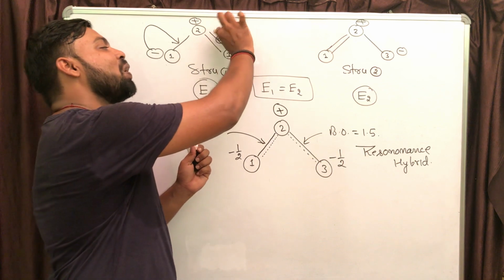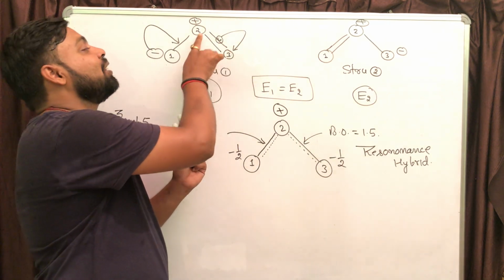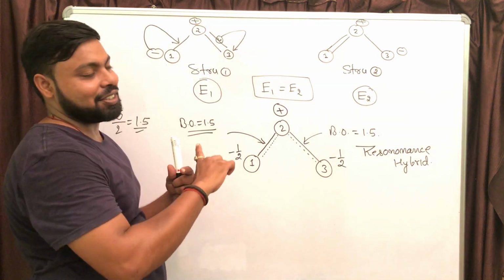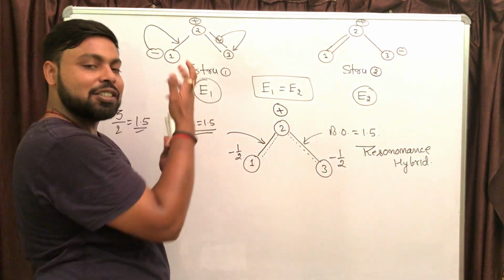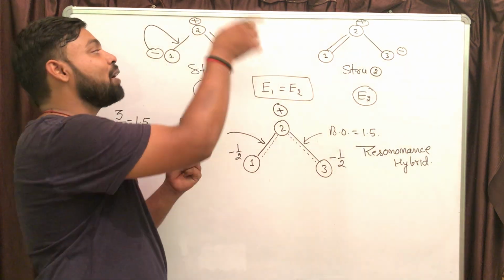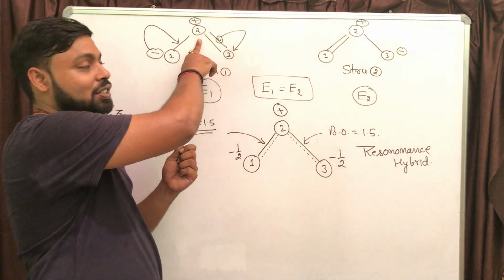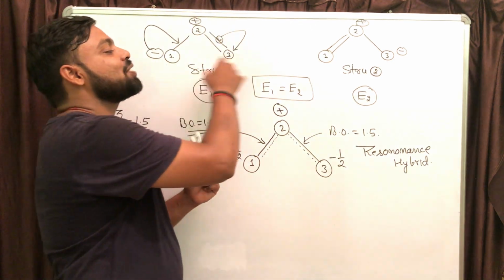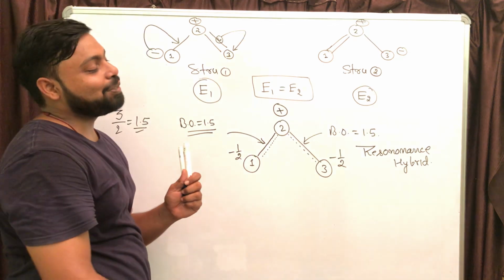And if this bond is breaking, oxygen number 2 will get one more positive charge. There is one positive charge already there. If the bond is breaking, there will be one more positive charge on the oxygen atom. That new positive charge and this negative charge will combine to form the pi bond, right?